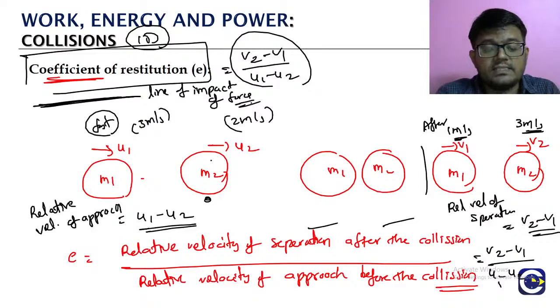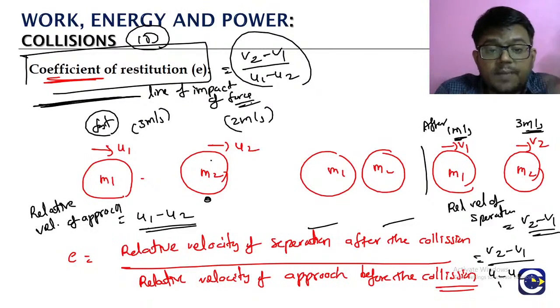So for an oblique type of collision, people don't talk about this coefficient of restitution. In the analysis, it is not very useful in the oblique type of collision. Here it will be useful because we said we are going to mostly focus on 1D collision. On the 1D collision, this parameter will be useful.